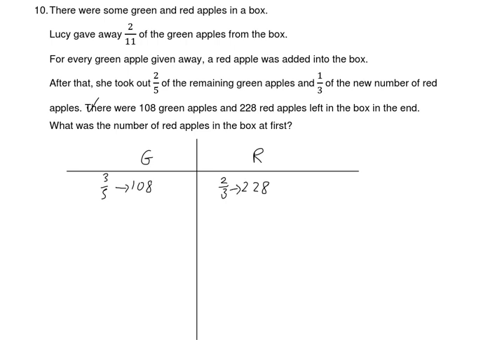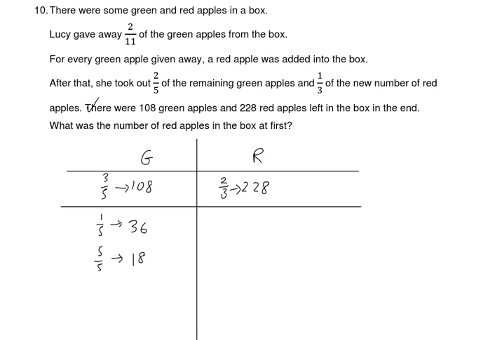So I need to return back those things that have been taken out, right? To return back, how can I do it? Very simple. I need to find out 1/5 first, which is 108 divided by 3. What's the answer, Clarence? 36. So before taking out any apples, I will have 180, right?